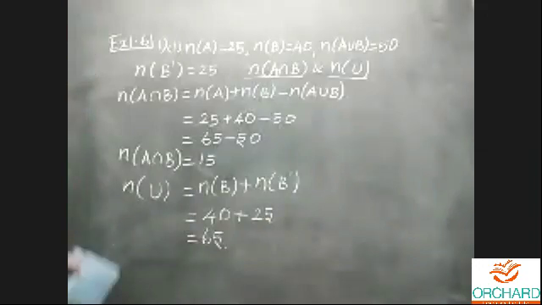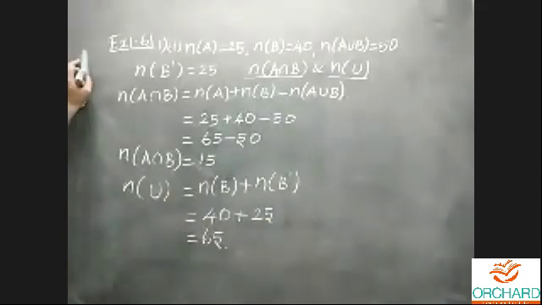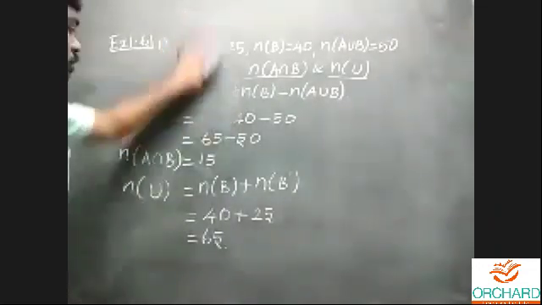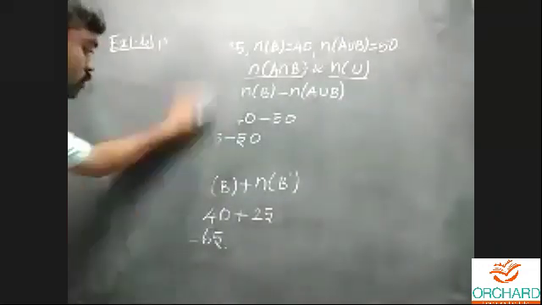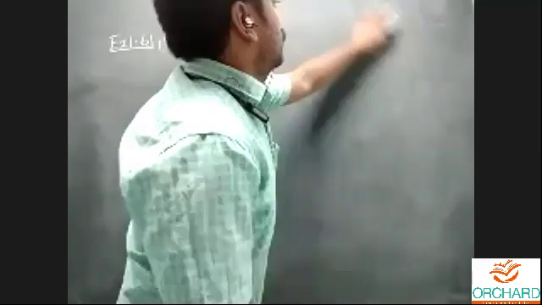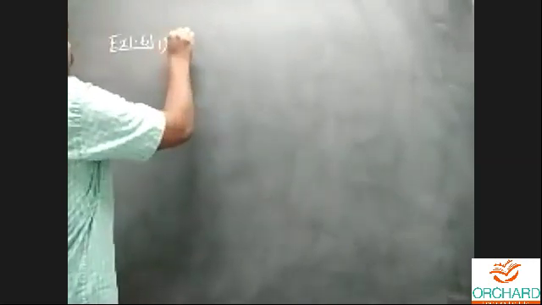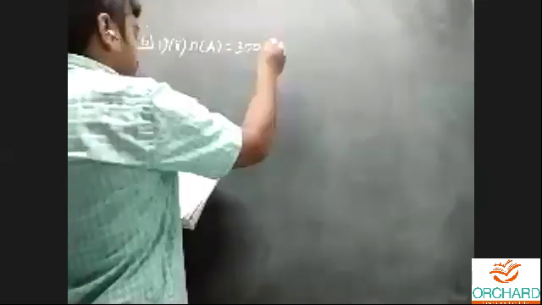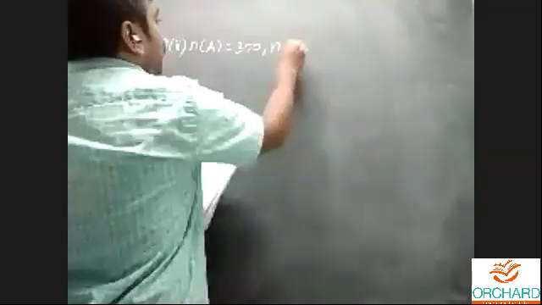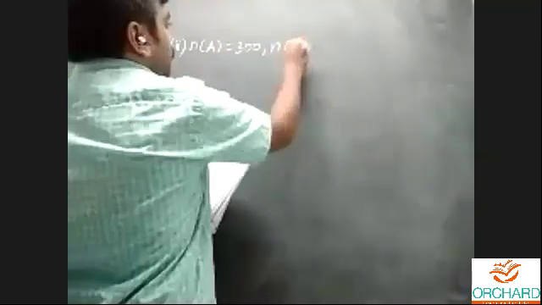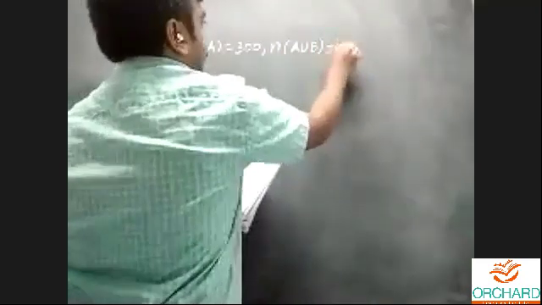And next one, second subdivision. N of A is equal to 300. N of A union B is equal to 500.